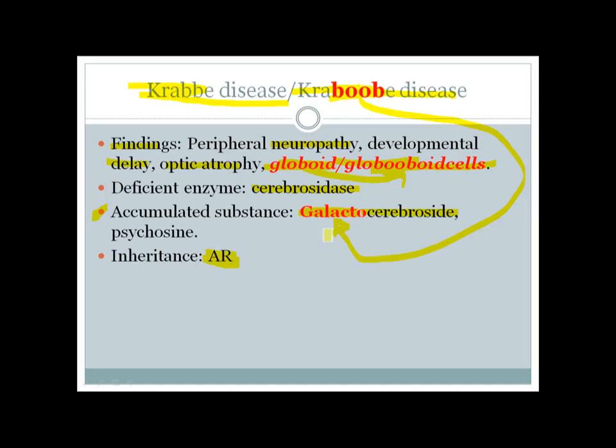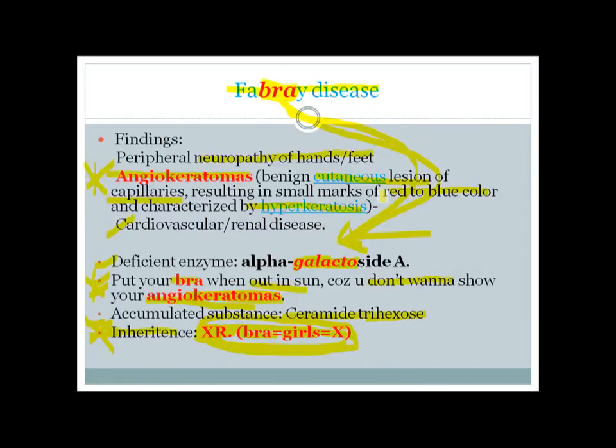Here there can be confusion between Krabbe disease and Fabry disease, because I put kind of the same type of mnemonics for them. But for Kraboob, the accumulated substance is galactocerebroside, because I directly put the boob here. So boob directly accumulating galacto, boob directly accumulating milk inside the boobs. In Fabry, the deficient enzyme is alpha galactosidase.